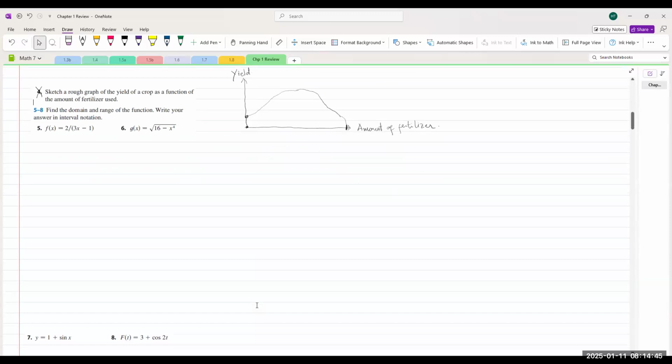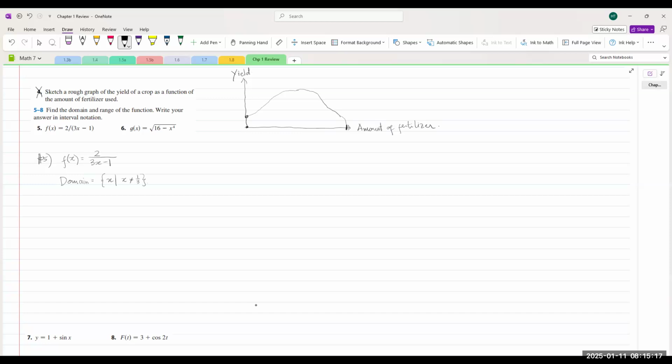Find the domain and range of the function. Write your answer in interval notation. So number 5, we have f(x) equals 2 over 3x minus 1. The domain is all real numbers except 1/3, right?